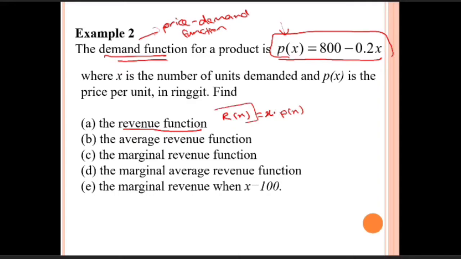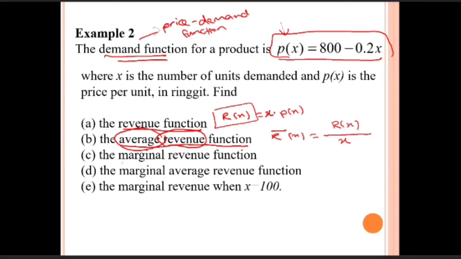So that will be the total revenue for that company. B, average revenue function. We see the word average. Remember, that's the bar. And what's the function? It's revenue function. So when there is a bar, refers that we have a division, and then over the X, what is the function on top? Is the revenue function. So divide revenue function with X.